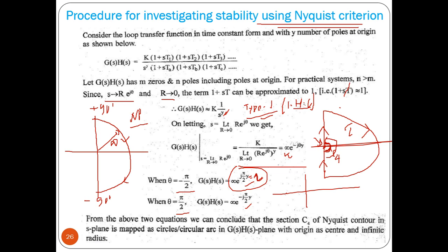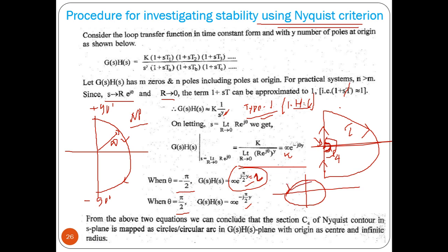That means from 180, 90, 0, one half cycle, then minus 90, then minus 180.